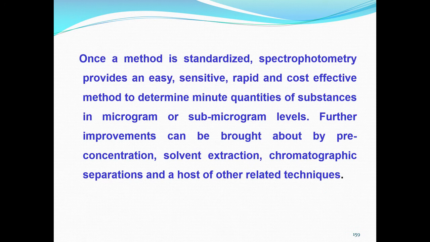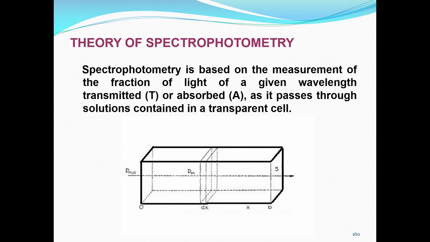So, once a method is standardized, spectrophotometry provides an easy, sensitive, rapid and cost effective method to determine minute quantities of substances in microgram or sub-microgram levels. Further improvements we can always bring by solvent extraction, chromatographic separation and a host of other related techniques, which are the tricks of the trade as far as a chemist is concerned.